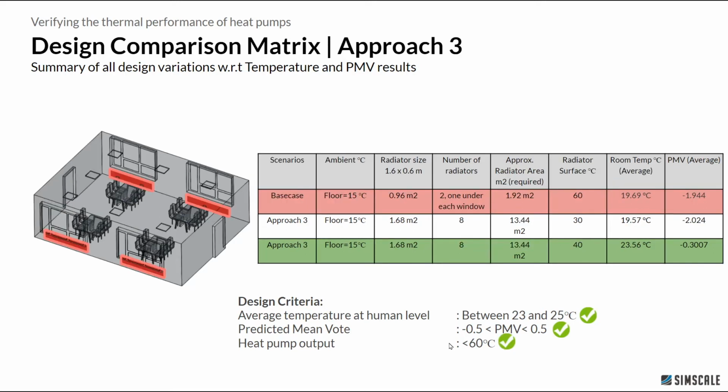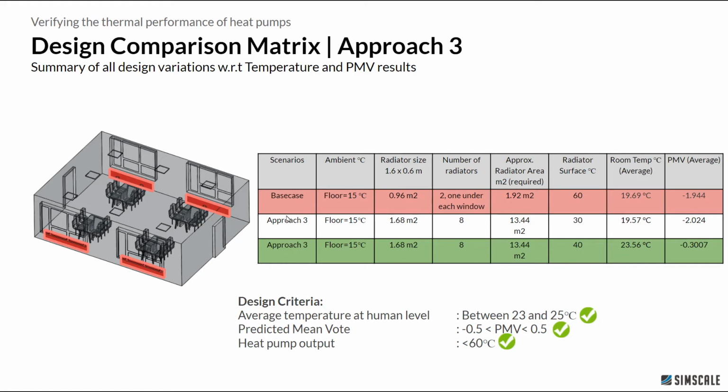Let's take a look at approach 3 as well. For approach 3, we increased the surface area of the radiator and also doubled the layers of the radiator. Here, we went with a lower temperature for the heat pump output to match the design criteria, at 30 degrees and 40 degrees.